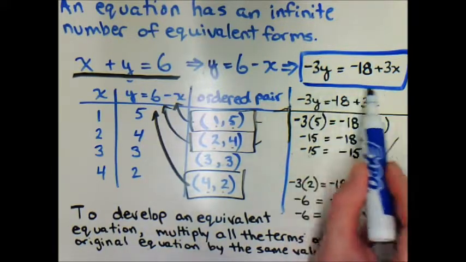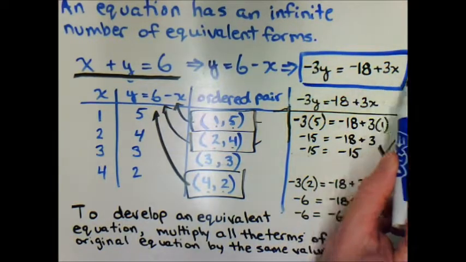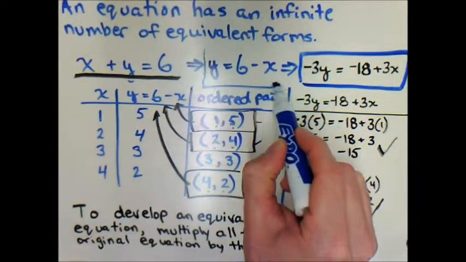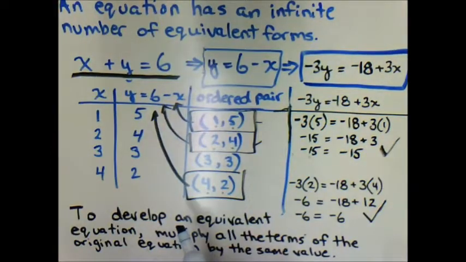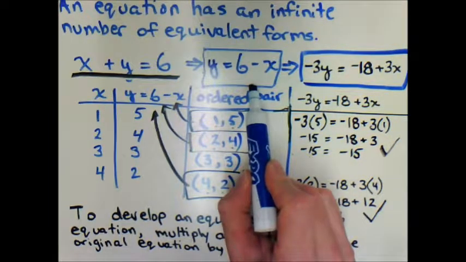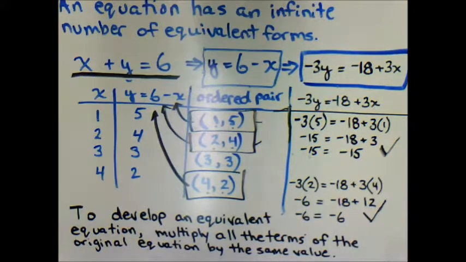That's an ugly equation to work with. But you could divide each of these terms by negative 3, and you would end up with this equation. And every single ordered pair, every single x and y that go together for this equation will also work together and be a solution for this equation.